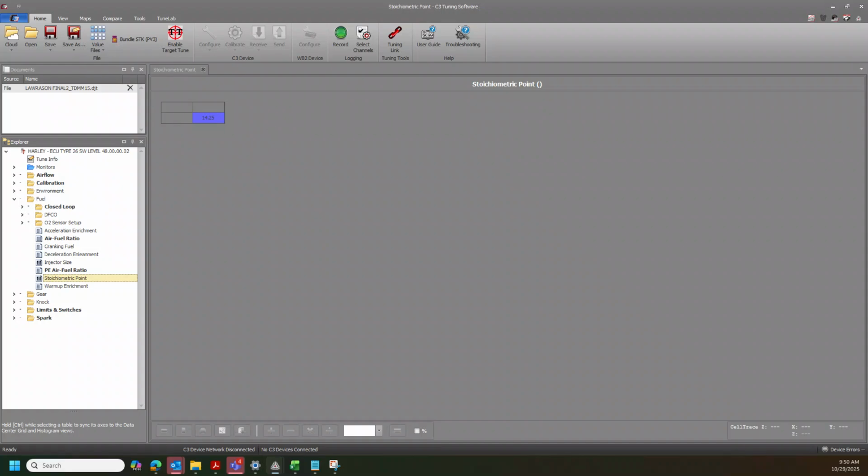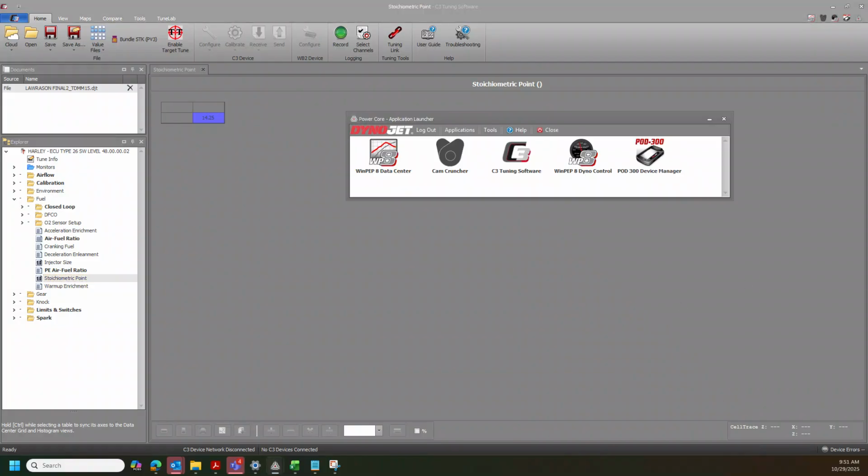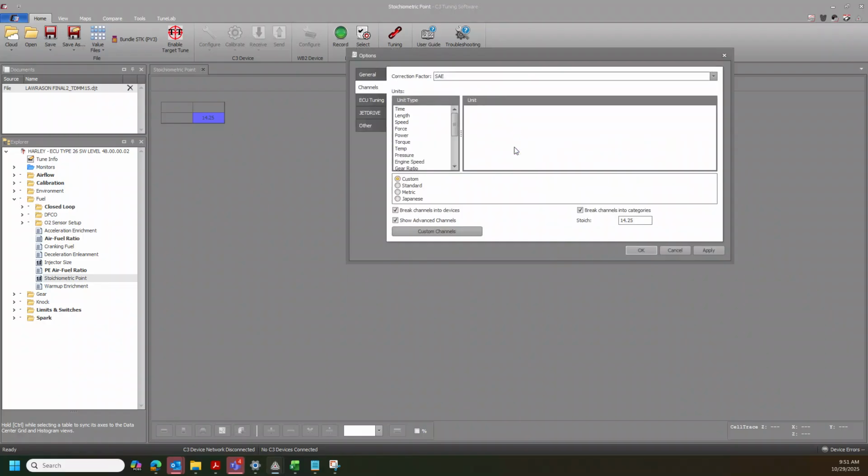Long story short is, when you're in the DynoJet environment, if you go to your app launcher in PowerCore, which is this guy, go to Tools, Options, go down here and look for your fuel, air-fuel ratio. It can be set to AFR or Lambda. And to be clear, if you're set to Lambda, and this was Lambda, everything would be fine.